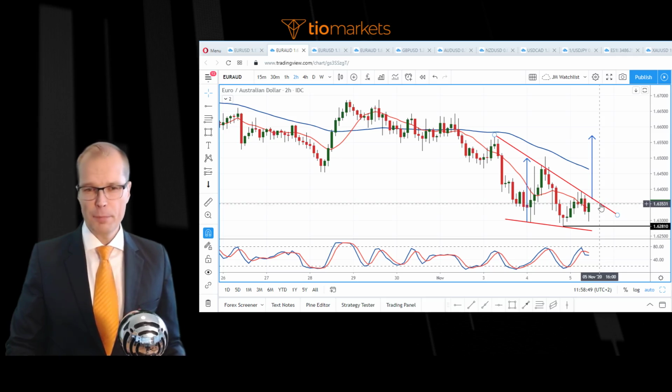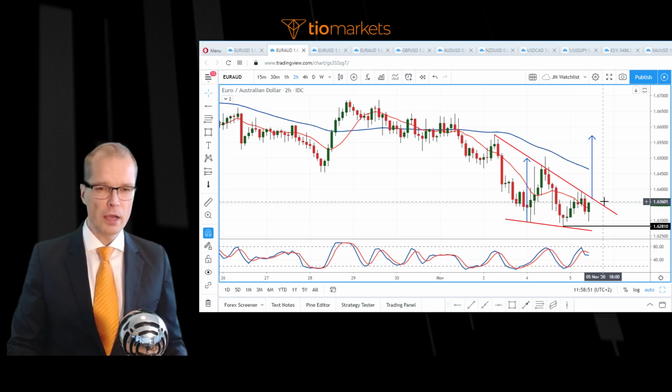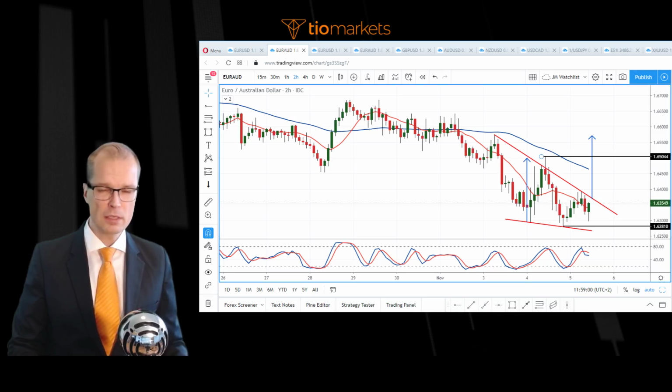And should that happen, I think there's a very high likelihood of this market moving to key resistance zones. And one of them is up here, but I think that there's a good chance that the market actually moves higher than that.